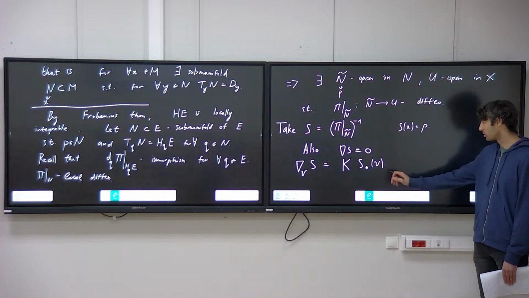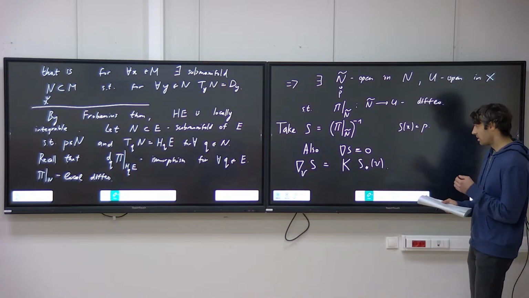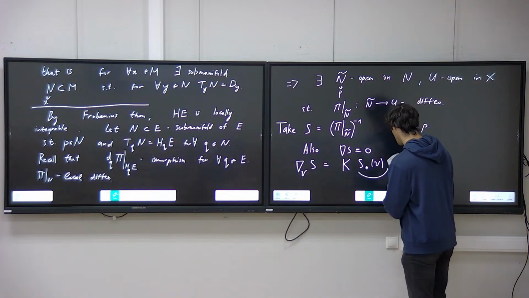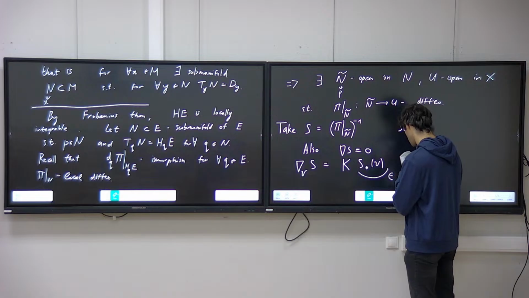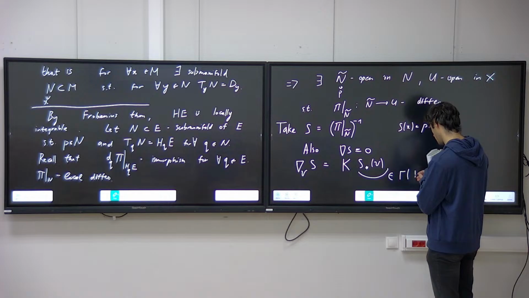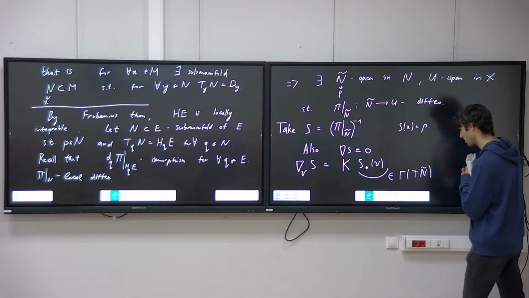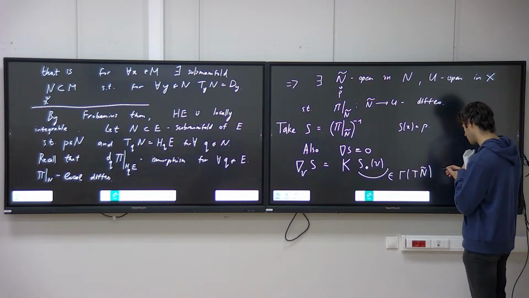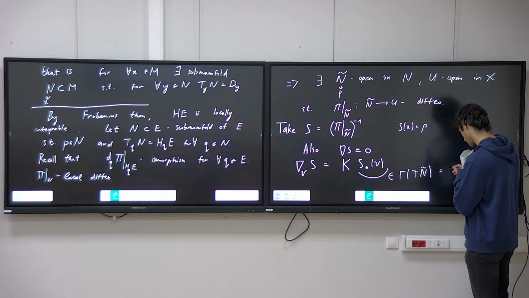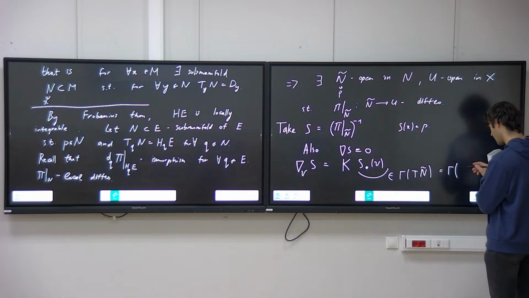Go back to the notes of the previous lecture. And so this is a section of T N tilde, which is the same as a section of HE restricted to N tilde.